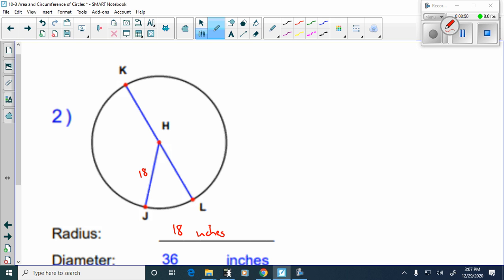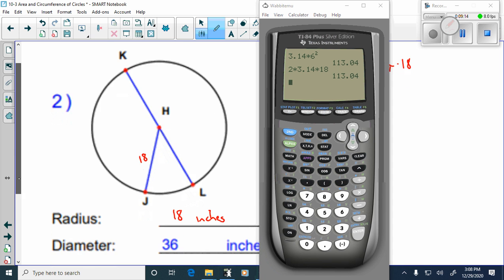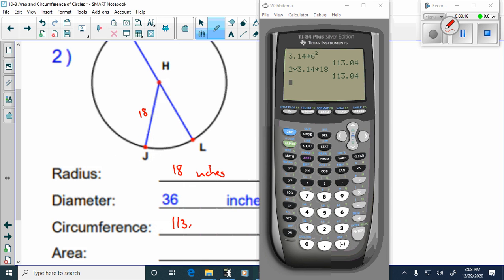And then to find the circumference, I'll work it this way this time. 2 pi r. Again, that's the same thing as pi d. So on my calculator, I've got 2 times pi times 18, 113.04 inches.